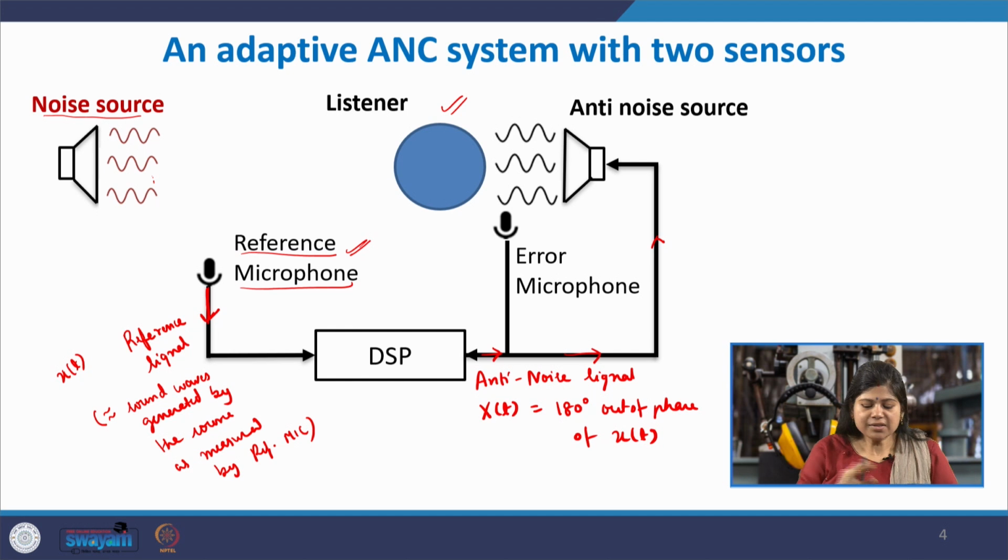So, the signal reaching the receiver, let us say this is y(t), could be some kind of x(t), the reference signal, plus some additional factors, let us say some factors F, which account for the various diffractions, distortions, and attenuations it underwent while reaching the receiver's ear.